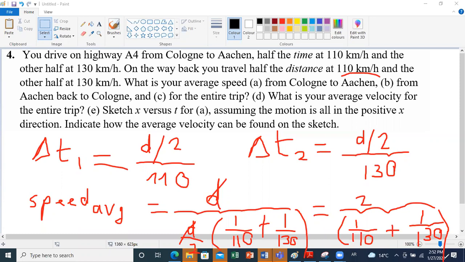Okay. Now, they are asking me to find the average speed for the entire trip. What will be the formula that you will use if I want to consider the whole trip of motion?